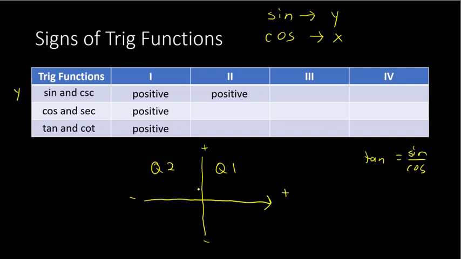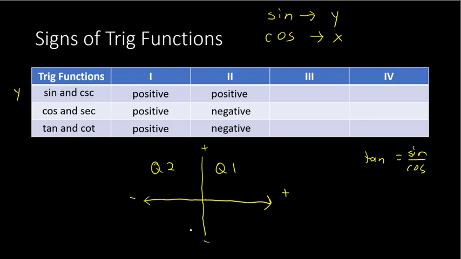And then cosine, the x value, that is negative when it's over here to the left. So cosine as well as the inverse would both be negative. And then tangent, if you think of that as sine over cosine, you have a positive number divided by a negative number. That means you would have a negative number for tangent as well as cotangent.